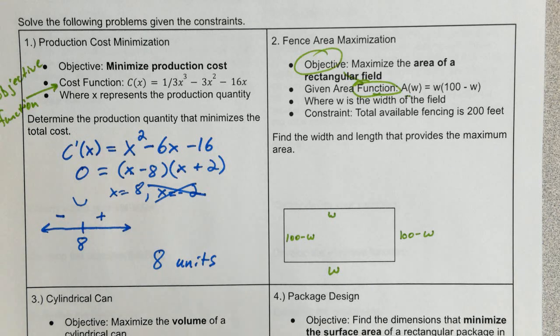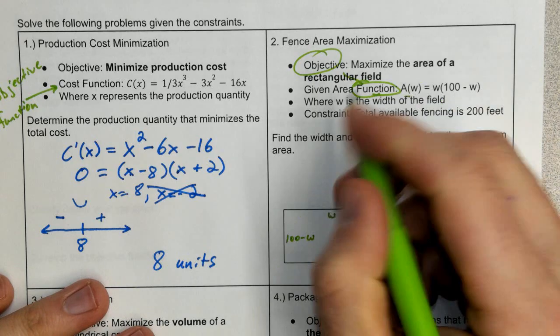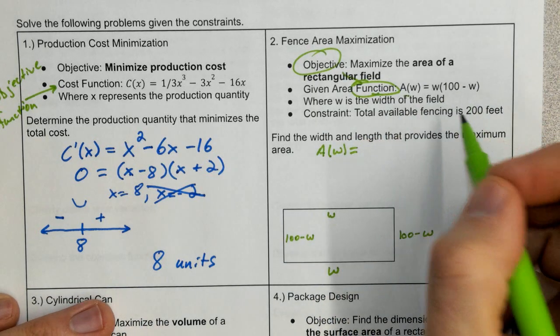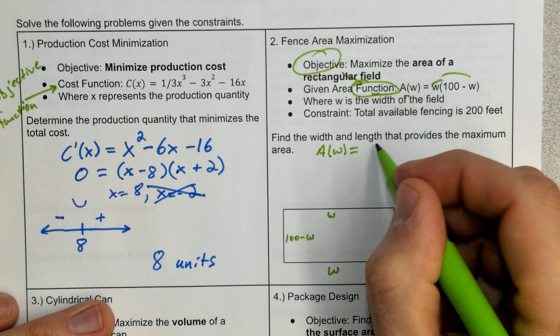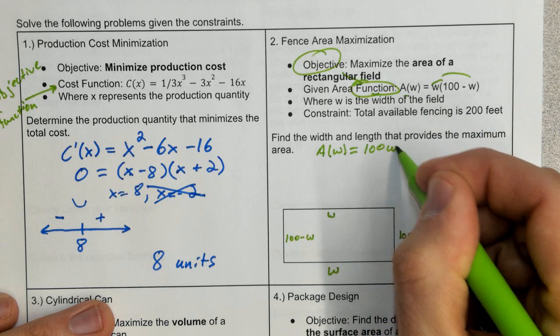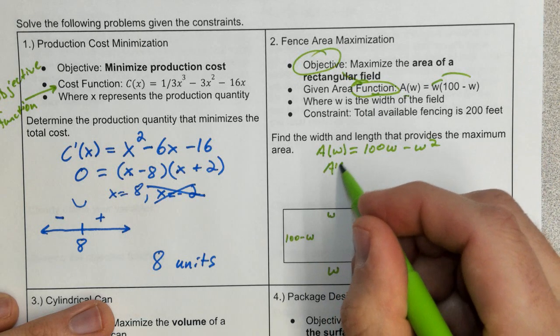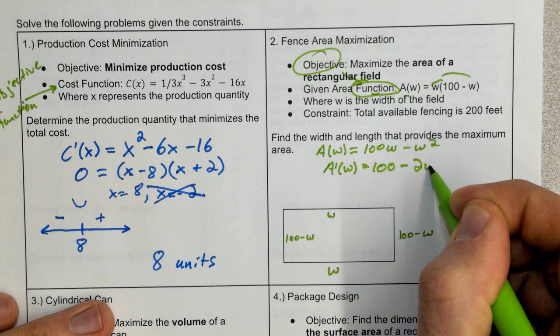So this one, again, we're given the function for area, and we want to maximize this or figure out what the maximum is. So A of W is equal to W times 100 minus W, or if we distribute the W here, we get 100W minus W squared. When I take the derivative of that, I get 100 minus 2W.